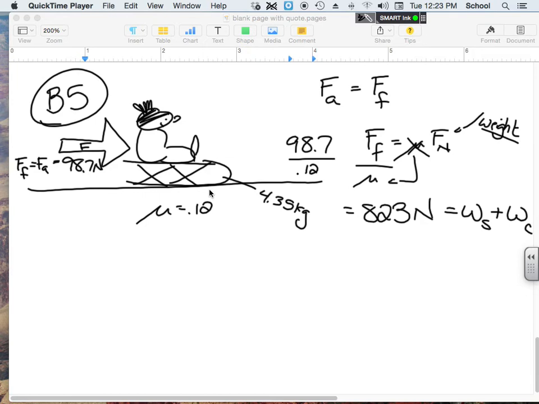So I know the mass of the sled, and if I multiply that by 9.81, that's going to give me 42.7 newtons of this coming out of the sled.